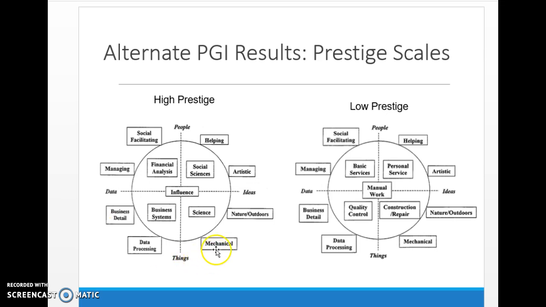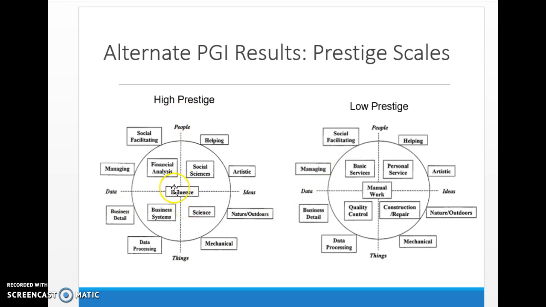So when you're looking at this high prestige one, pretend that the PGI is the Earth and influence is the North Pole, and you're looking down, and these things are at the equator.